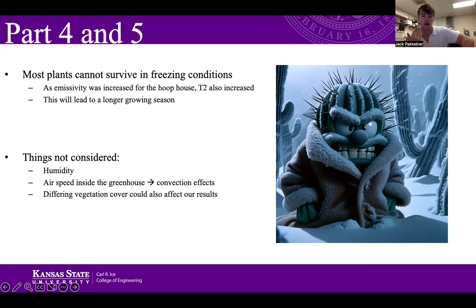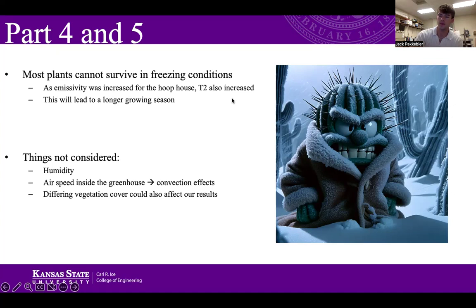So that's intentional, so they can get large temperatures to keep the heat inside of the hoop house. So this will lead to a longer growing season for the crops. You can grow farther as temperatures go colder outside, and then as temperatures start to warm back up, you can start planting and growing crops earlier than without the hoop house.